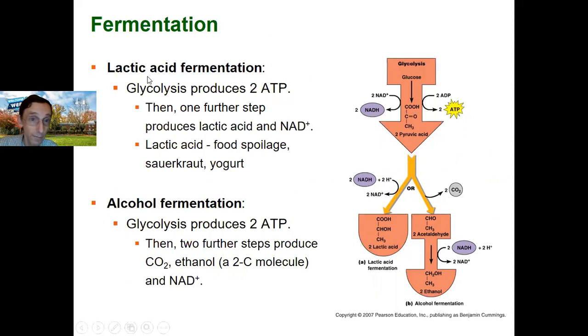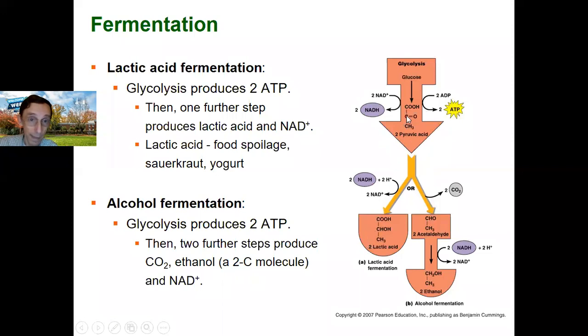There's lactic acid fermentation, which is the one that your muscle cells use. It has glycolysis, making pyruvic acid, and then the pyruvic acid in one step is converted into lactic acid.